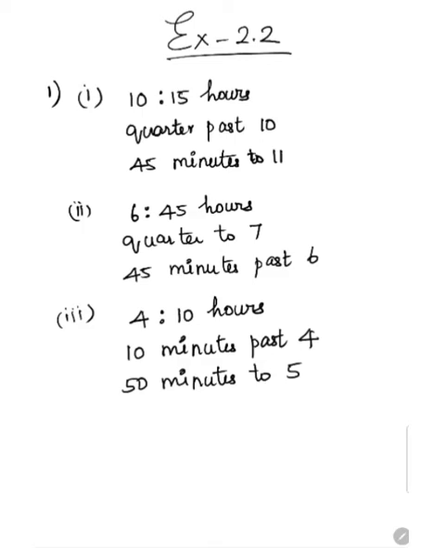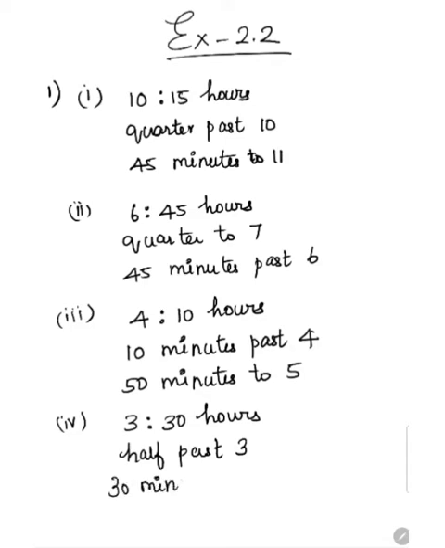Then the fourth one is 3:30 hours, half past 3, or 30 minutes to 4.